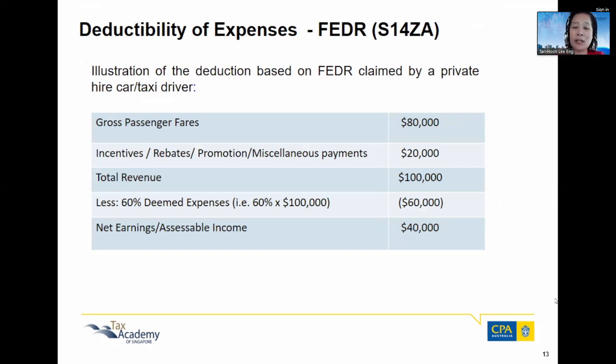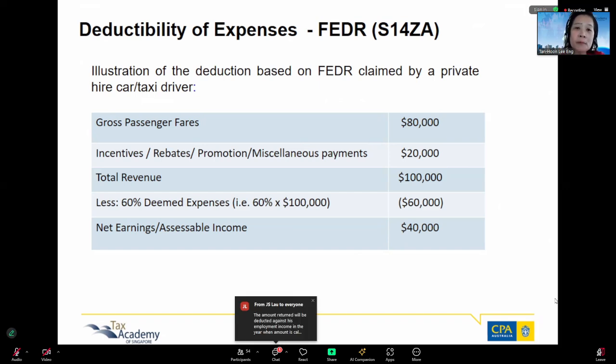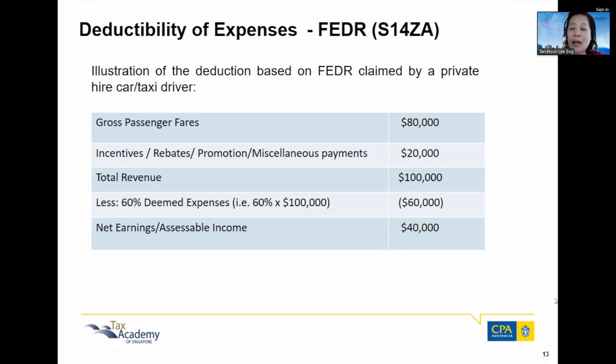Just now I've been talking about the FEDR. So right now we have examples with numbers. Examples are always very good, because they give you a better understanding. We have this case where the self-employed taxpayer is a private hire car driver. Gross passenger fares 80,000. Incentives, rebates, promotions, miscellaneous payments 20,000. So total all in 100,000 is his income derived as a private hire car driver.